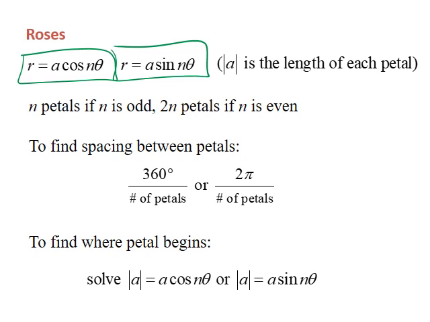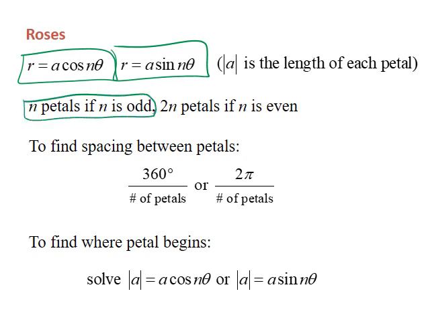And with technology today, we're not going to take the time to graph these by hand, and that's why I'm going so quickly through this video. So if you are interested in graphing these by hand, you're welcome to read through the text and it will give you some information. But the things I want you to know about roses are the number of petals.